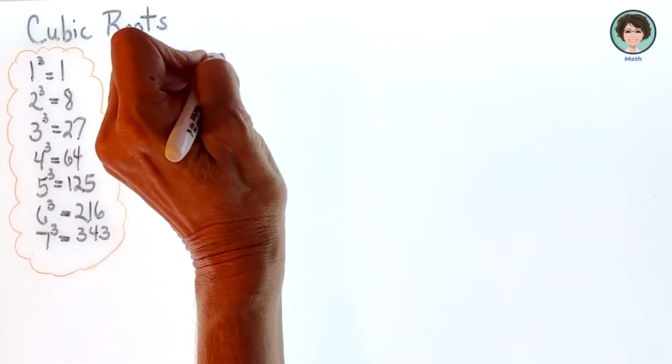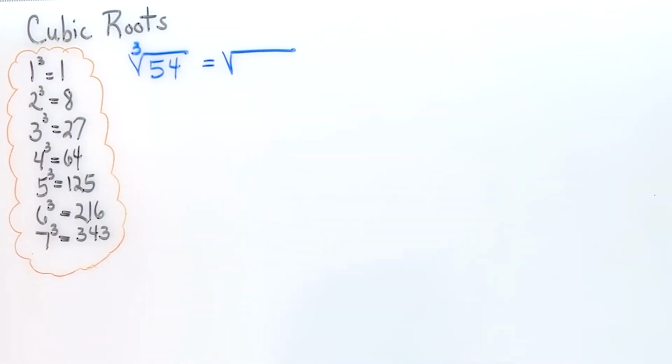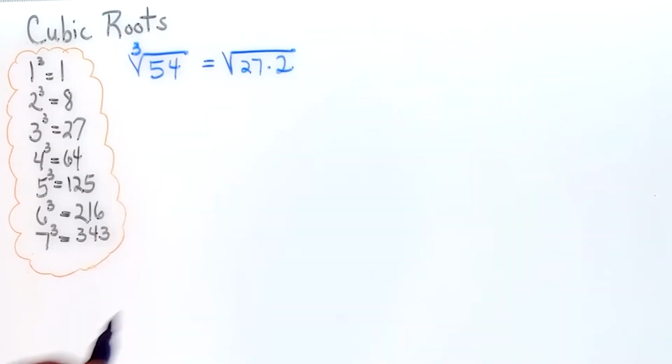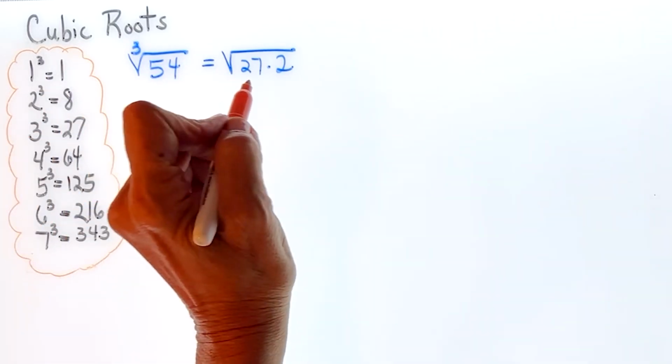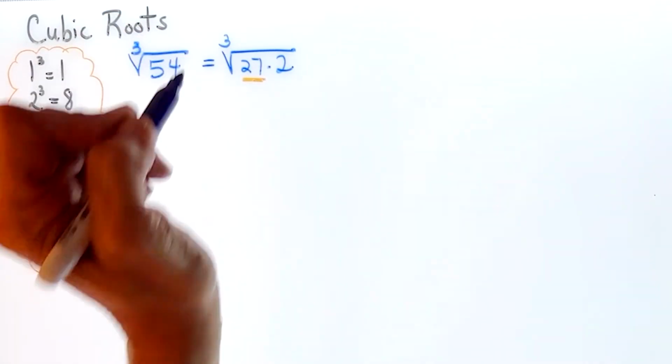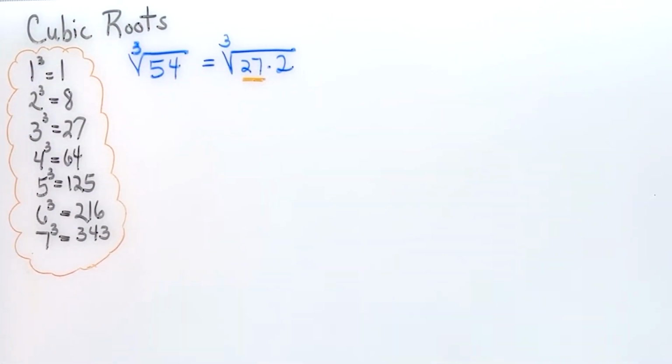So I know that looking at those numbers, 27 times 2 is equal to 54. And right here, you see the 27, and again, you got to make sure you put your cubic root in there. Your 27 is a perfect cube.